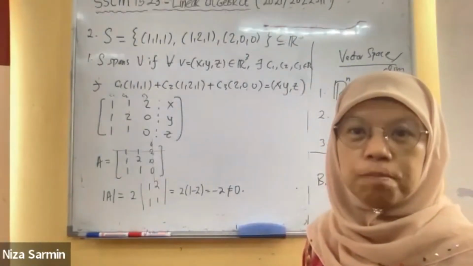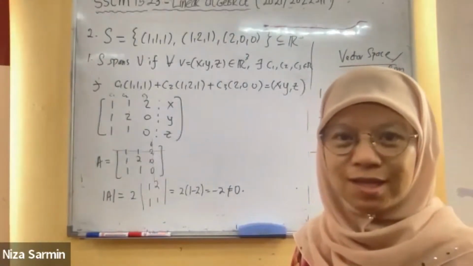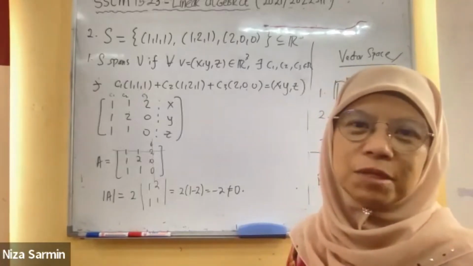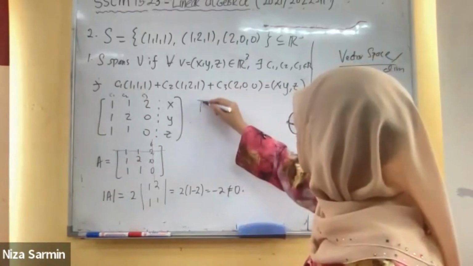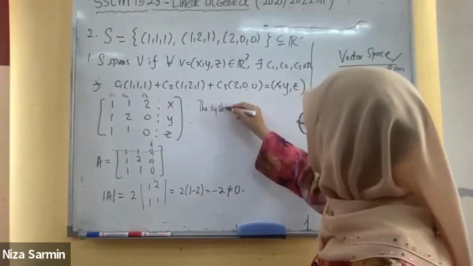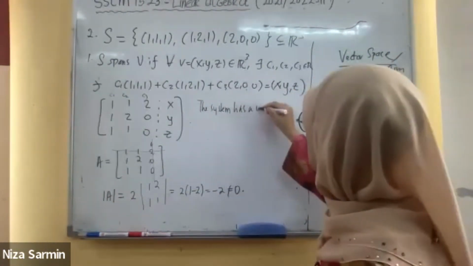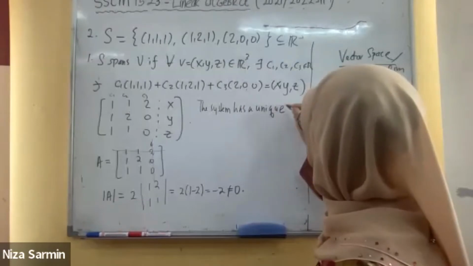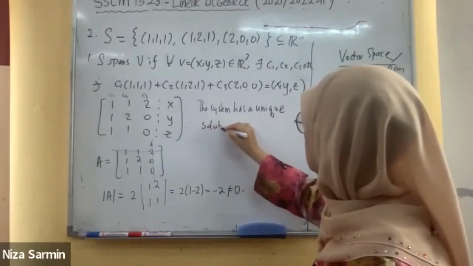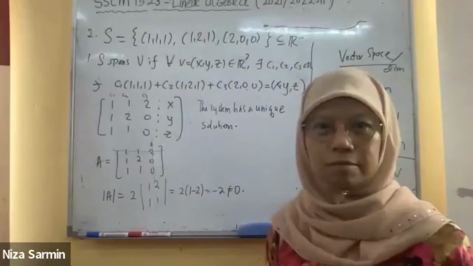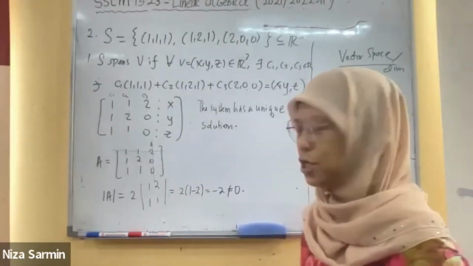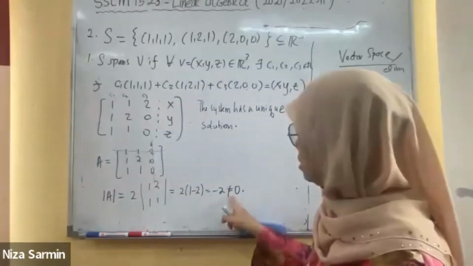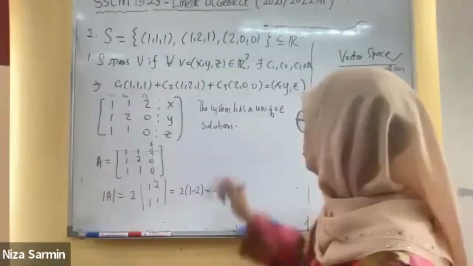Okay? So by Cramer's rule or by the theorem in chapter 2, the system has a unique solution because the determinant is not 0.